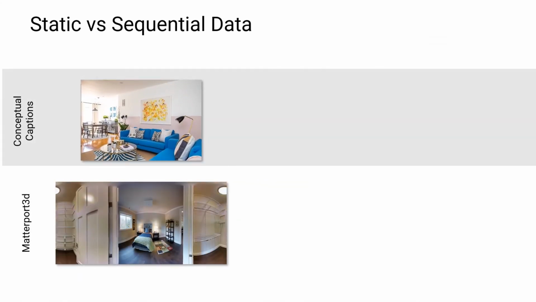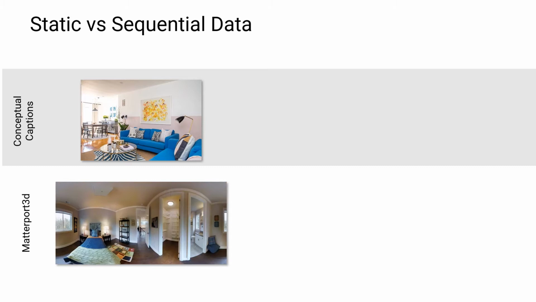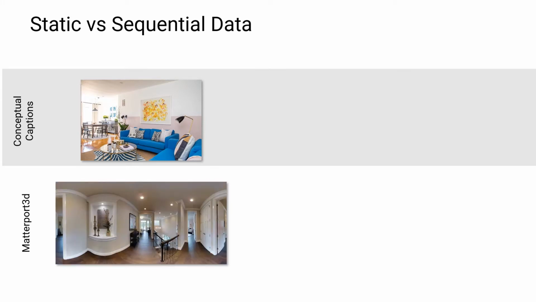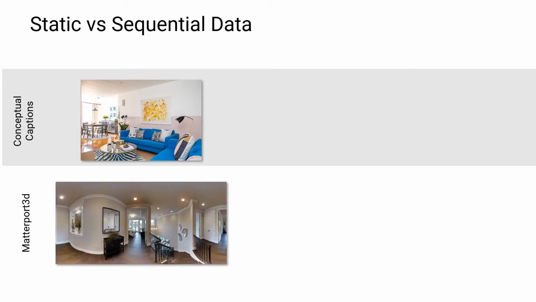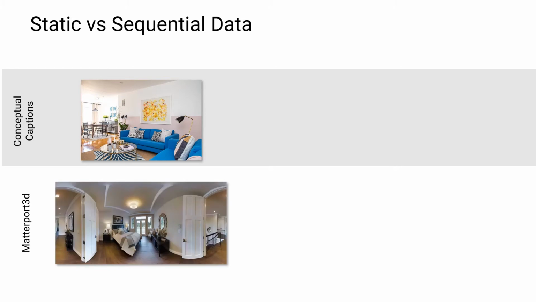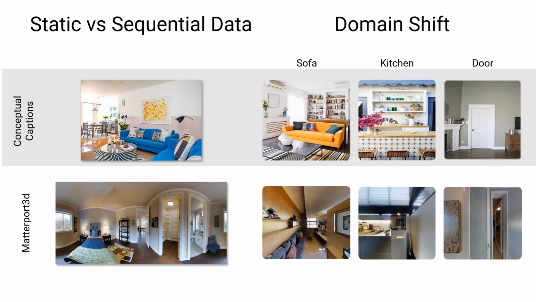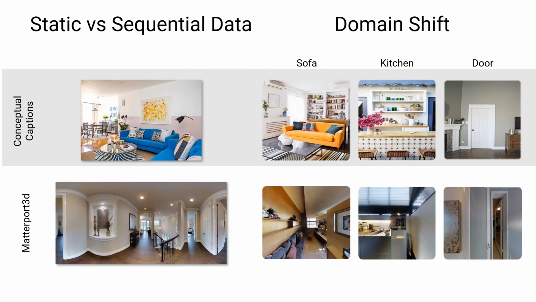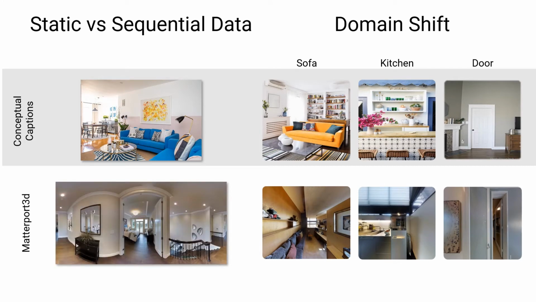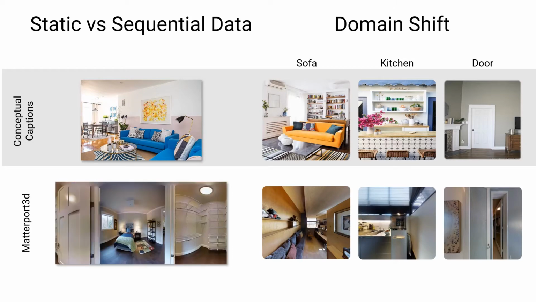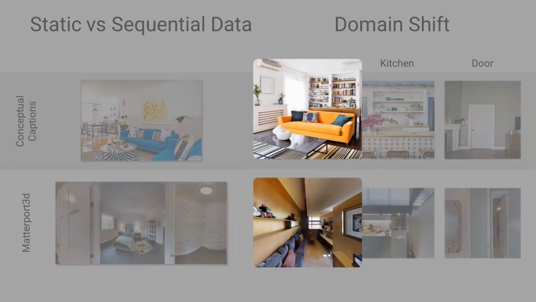There are two key challenges with this kind of transfer. The first challenge is transferring visual grounding from static images to the sequential data that we must process in VLN. The second challenge is that there's a domain shift between the internet data shown on the top and the type of data collected by embodied agents, which is shown on the bottom.